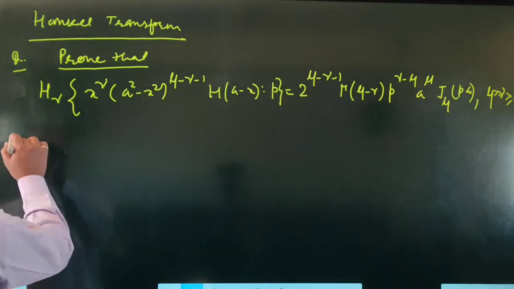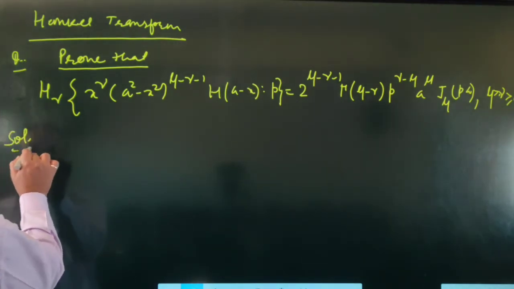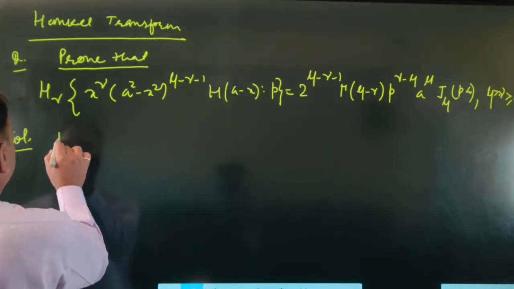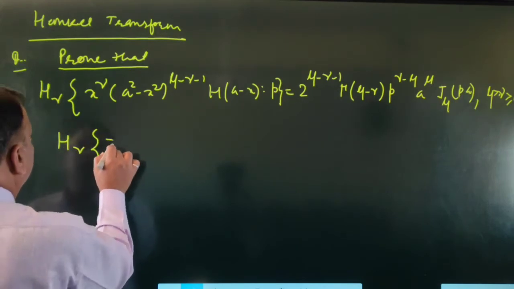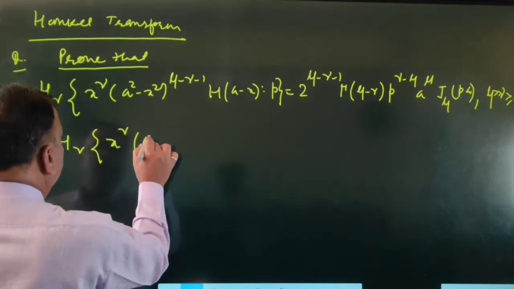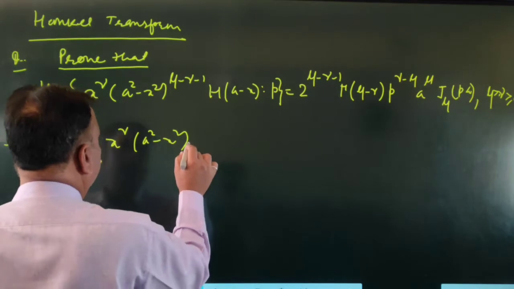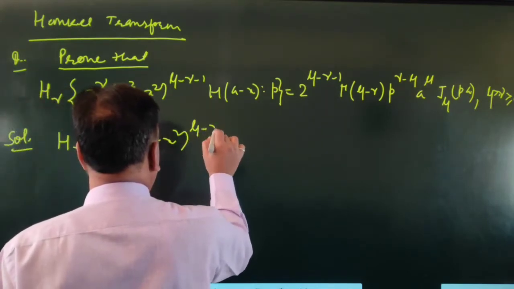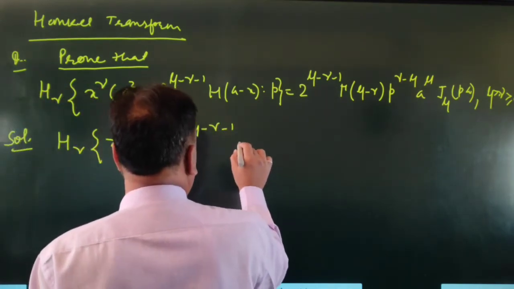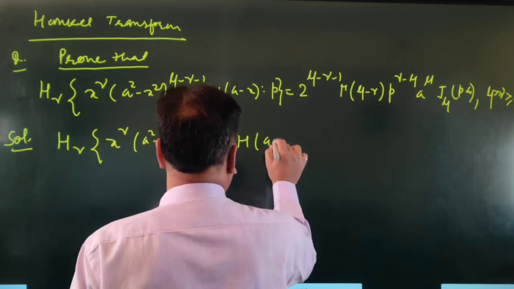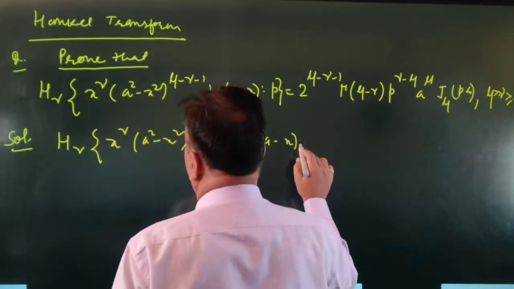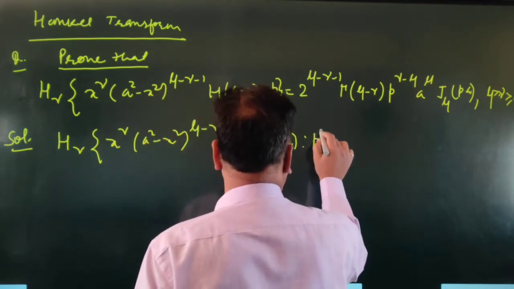For the proof, or the solution of this result, we have to find the Hankel transform of x raised to nu, (a square minus x square) raised to mu minus nu minus 1, H(a minus x), with respect to p.